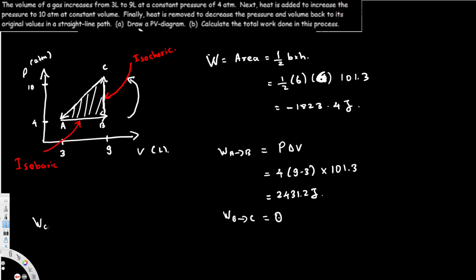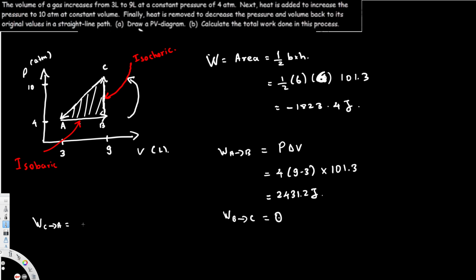For W C to A, the pressure is not constant here. It's going from 10 to 4, so we can't use the same formula directly. We are going to use it, but in a different way.